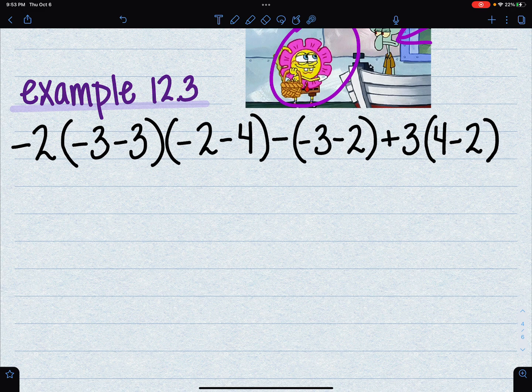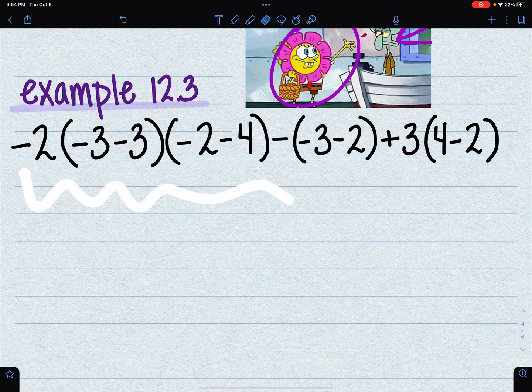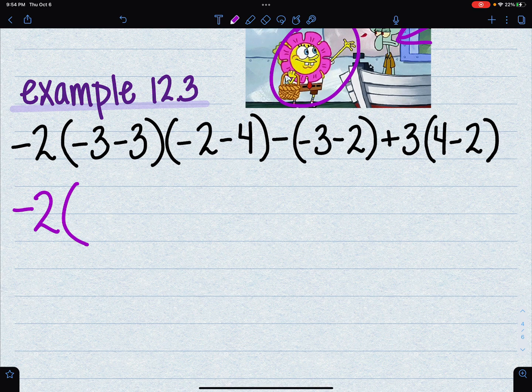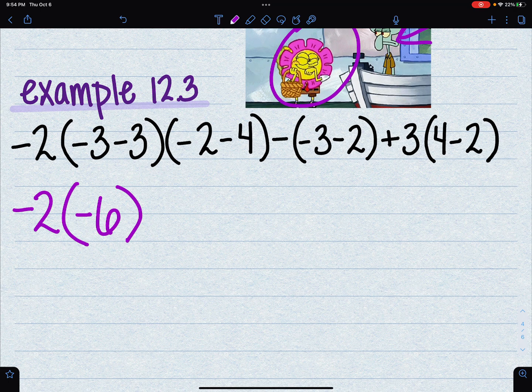All right. So I'm going to take a step back and look at it from a bird's eye view. The first thing I'm going to do, it looks horrible, but it's not that bad because all we have to do is do the parentheses first and then let's see how it looks. I'm just going to bring everything else down. All right, so -3 minus 3, that's going to simplify to -6 because it's basically a -3 plus a -3, okay?